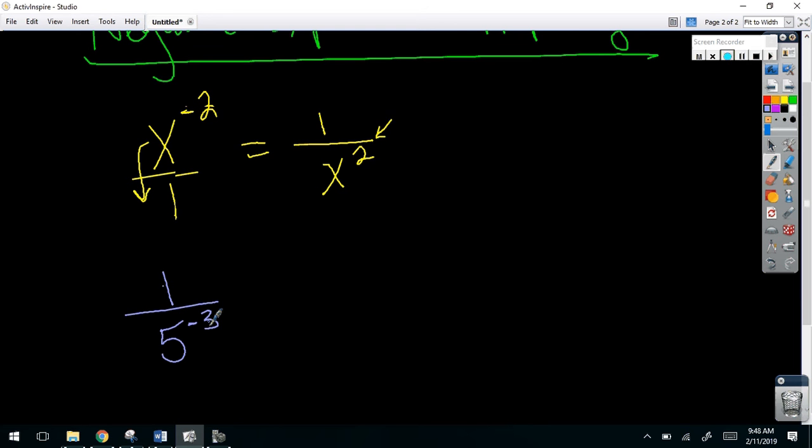I can't have a negative exponent, so I make it positive. I cross over that line and I change the sign, so it becomes 5 positive 3 over 1. And we know anything over 1 is just itself, right?